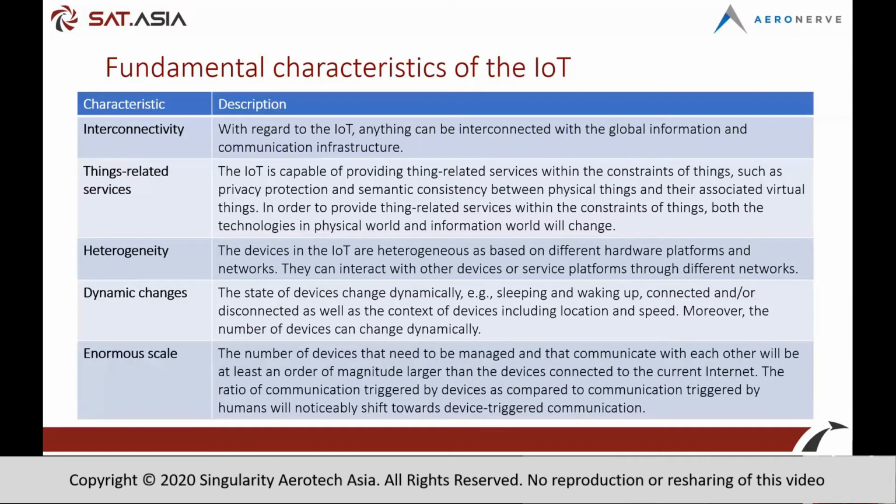So there's no information, basically as good as no information. Okay. And the last characteristic, it has to be in enormous scale. So the devices that need to be managed and communicate with other devices need to be at least an order of magnitude larger than the devices connected to the current network. Okay.